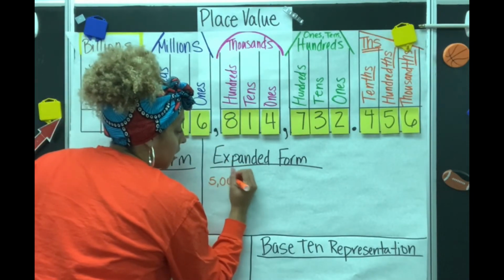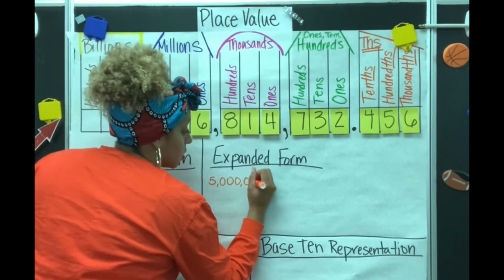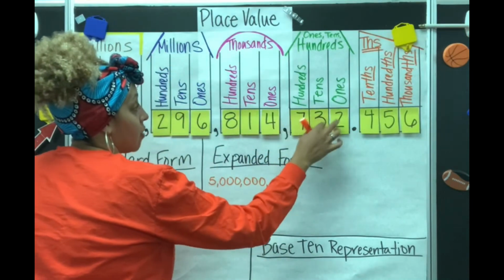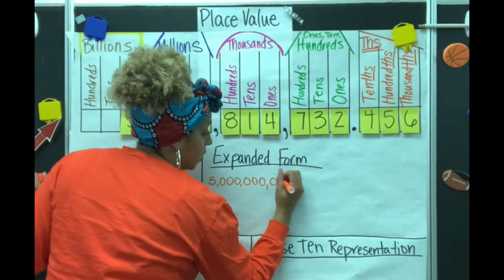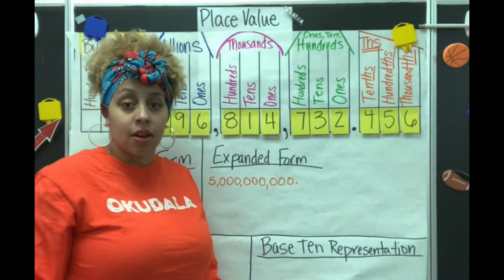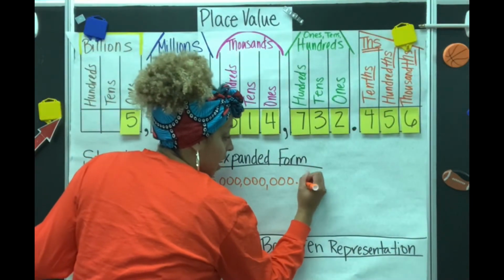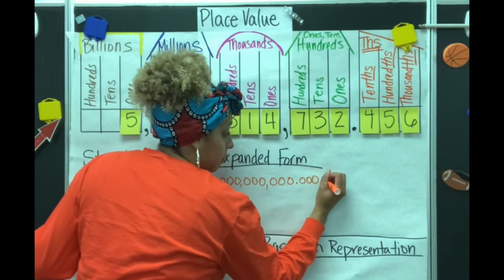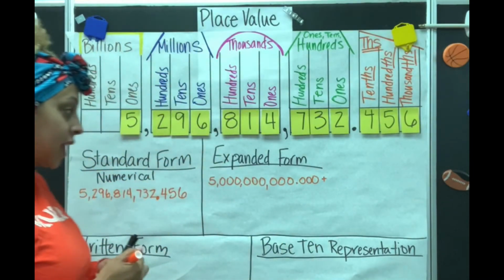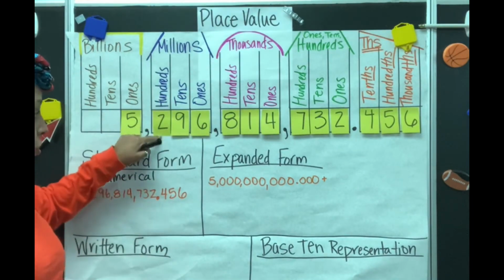So there's our million house. Then it's going to have our thousand house. Then it's going to have our ones, tens, hundreds house. This is not necessary, but if you want, you can put the 3 zeros for the house behind it, okay? And then we're going to add our next place value, which is here. It's the 2.